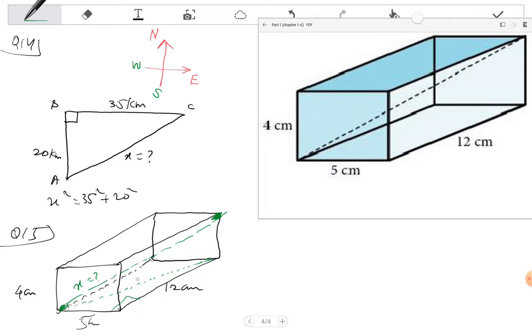Hope you agree that this face is the bottom of this cuboid shape, which is also 90 degrees. So this is another flat right angle triangle on the base of the whole box. So if you find the hypotenuse of this triangle and then use the height of the box.